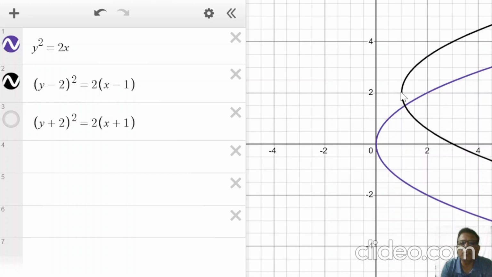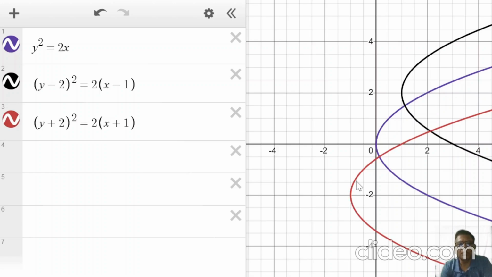See, now the origin has shifted to 2 and 1. So minus 2 becomes 2 coordinate and minus 1 becomes 1. So this coordinate is 1 comma 2. So it's shifted like that. And see, if we replace y by y plus 2 and x by x plus 1, let us see.